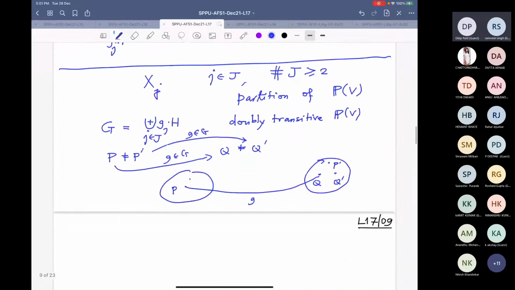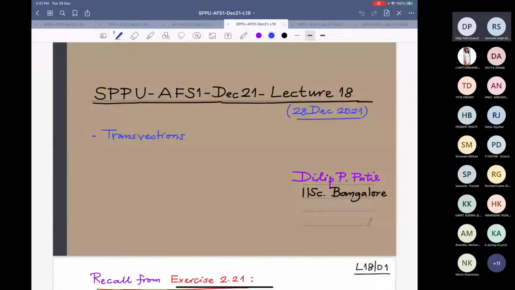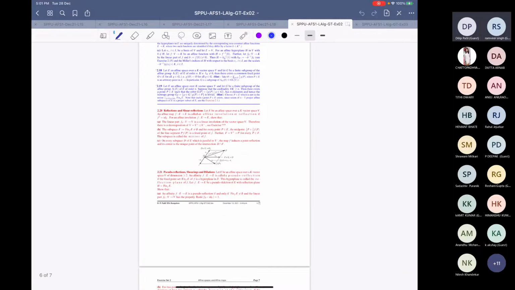Now, for the next step, I want to study a little bit of linear algebra. This comes under basic linear algebra, but probably you have not studied it in this language, and I would also like to start from the red exercise.